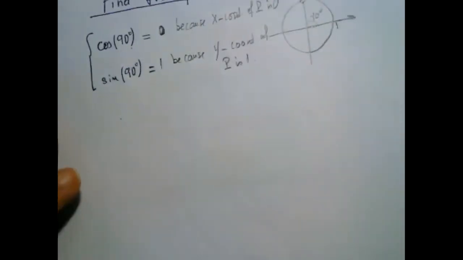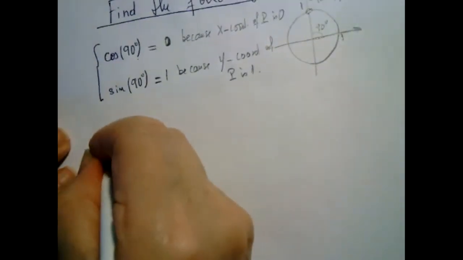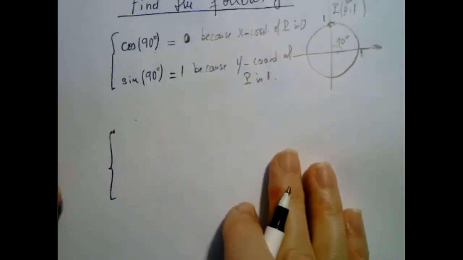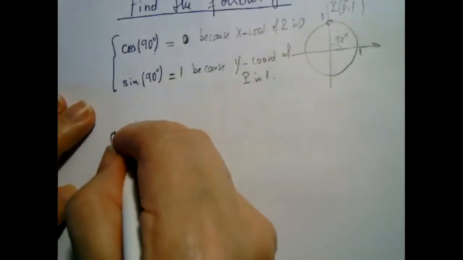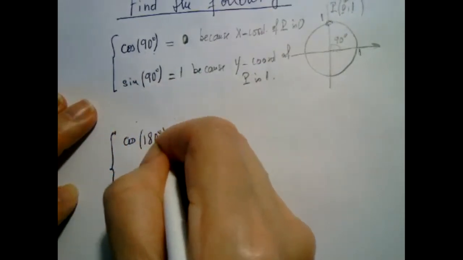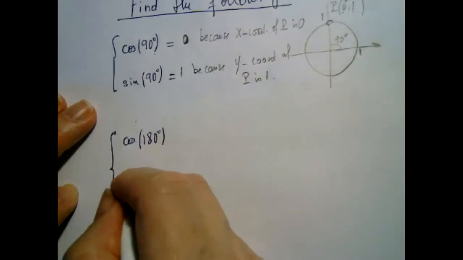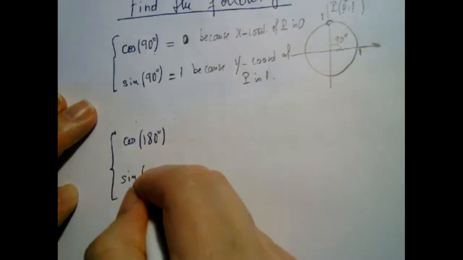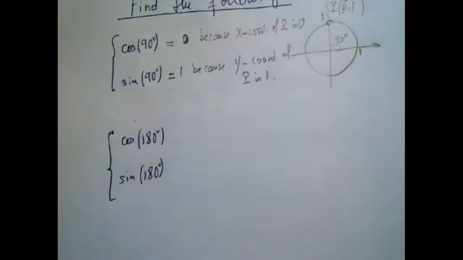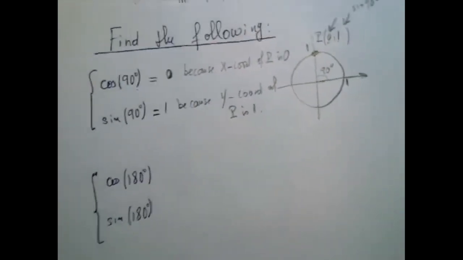Okay. Now I want you to do the following for me. We're going to practice the basic angles. Suppose I ask you to find the cosine of 180 and the sine of 180. No calculator in use, and I want you to verbatim repeat the process.